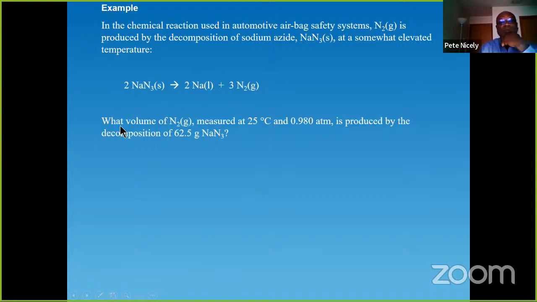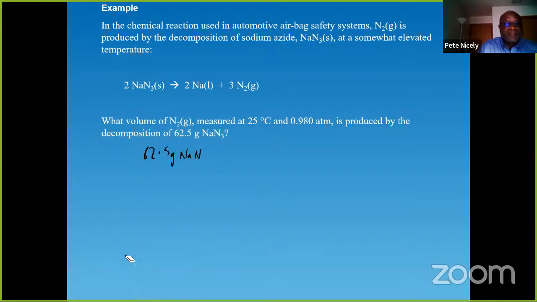And the question is asking, what volume of nitrogen measured at 25 degrees Celsius and 0.980 atmospheres is produced by the decomposition of 62.5 grams of sodium azide? So basically, you're given 62.5 grams of sodium azide. I'm sorry, let me erase this here.